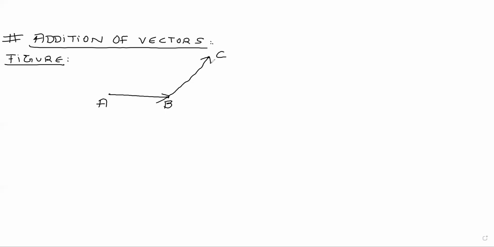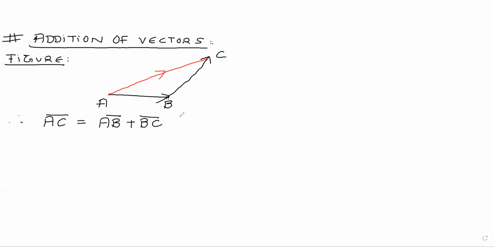Now there are two ways. I can go from point A to point B and then from point B to point C, or I can directly go from point A to point C. So I can write, therefore, AC vector is the sum of AB vector plus BC vector.